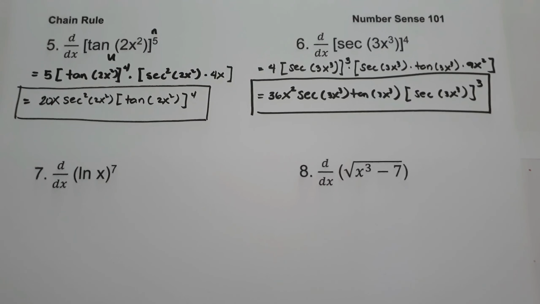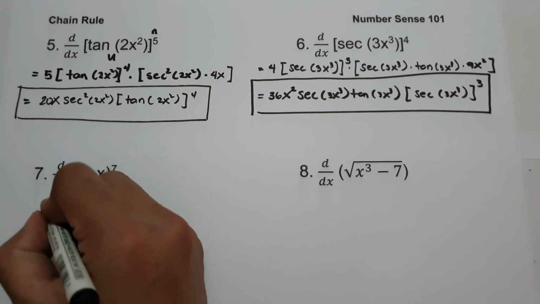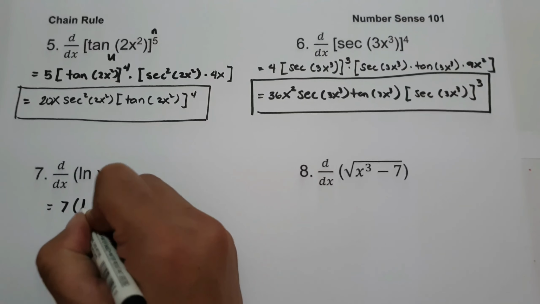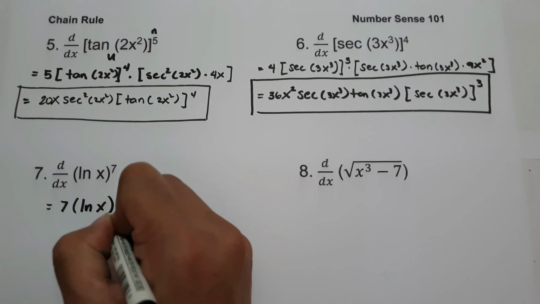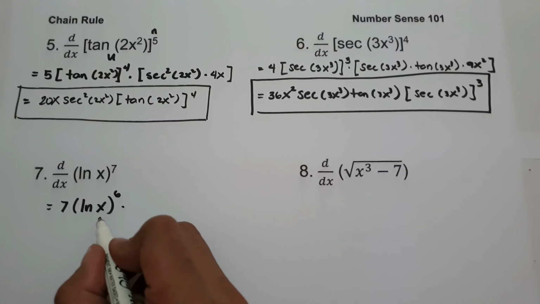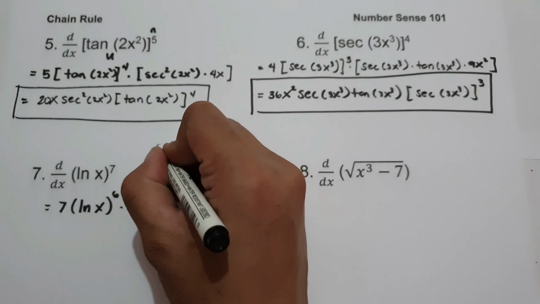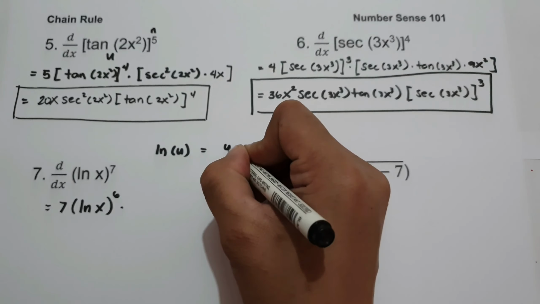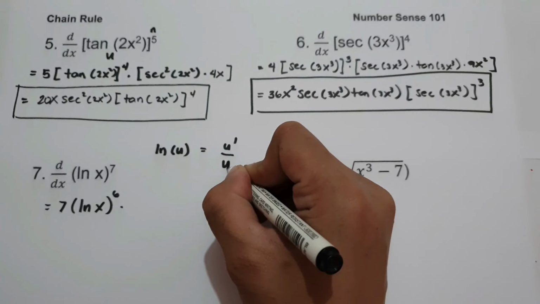On number 7, what is the derivative of ln x raised to 7? So let us have n, that is 7, and then u, that is ln x, and then 7 minus 1, that is 6, multiplied by the derivative of ln x. So the derivative of ln u, that is u prime over u.